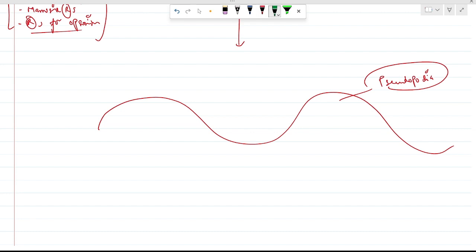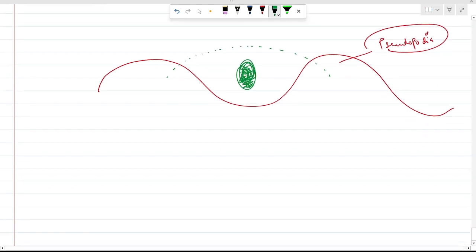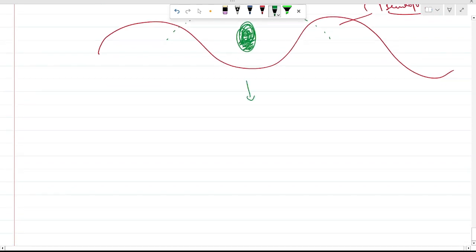Suppose this is the bacteria coated with opsonins. The neutrophil forms a smooth membrane out of here and engulfs it. It engulfs the bacteria with its pseudopodia.